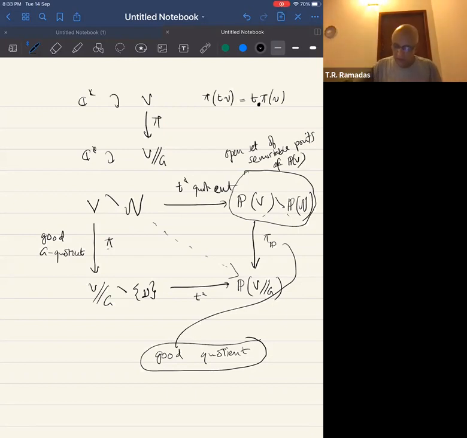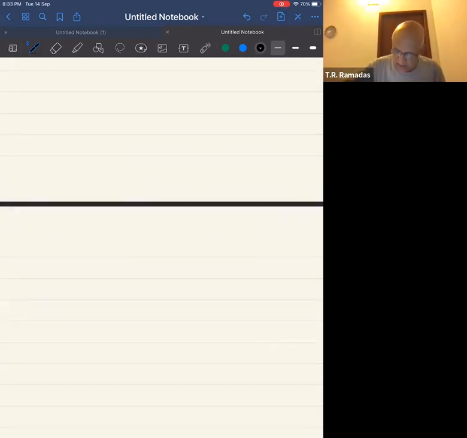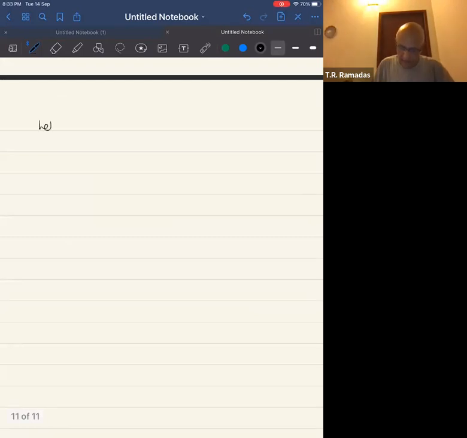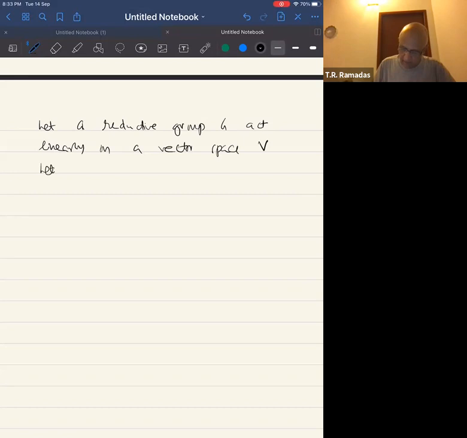So let me summarize everything with a theorem. Let a reductive group G act linearly on a vector space V. Let PV minus PN be the open set of semi-stable points.